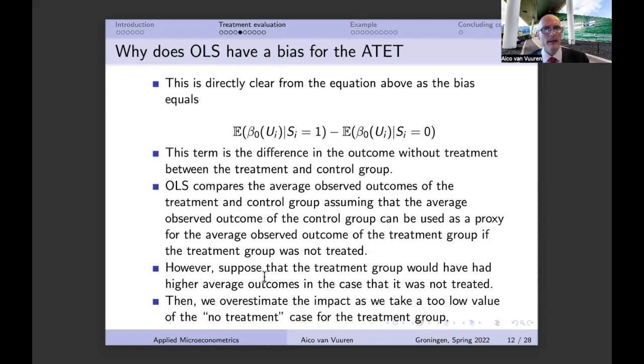So the group of individuals that participate, that have S_i equal to 1, would already have a much higher likelihood of getting out of unemployment, even in the case that they would not have been treated. So the likelihood of getting out of unemployment of the treatment group, even if they would not have been treated, was already higher than that of the control group.